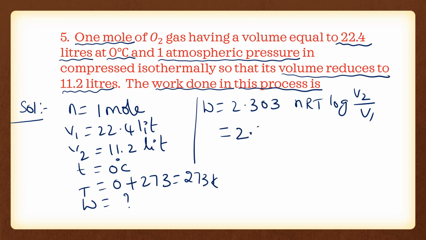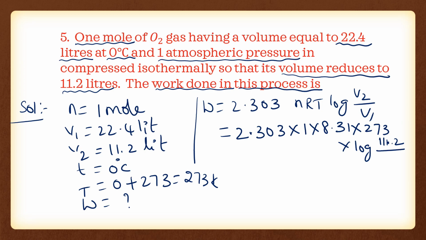Substituting all values, 2.303 into 1 into 8.31, this is the R value, and T value 273, into log of V2 value 11.2 by V1 value 22.4.